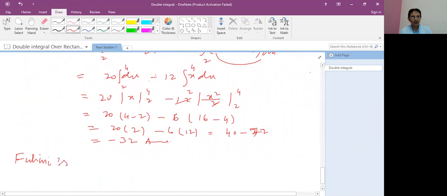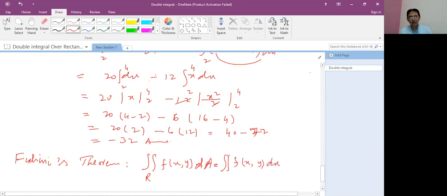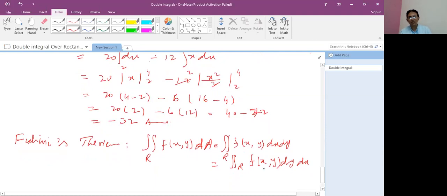Fubini's theorem says that if you integrate the double integral over R of f(x,y) dA, which is equal to integrating with respect to x of the given function then y, or integrating with respect to y then x, the answer should be similar.